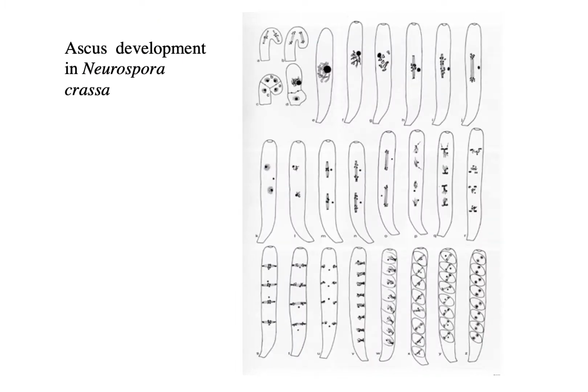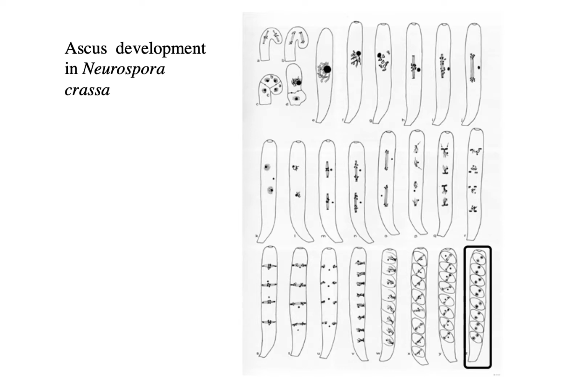In addition to finding these in bacteria, they were studied quite a bit in ascomycetes. Specifically, this is in Neurospora crassa. A couple of videos ago, I talked about ascomycetes and how they form these asci, or this is an ascus, where there are 8 ascospores.